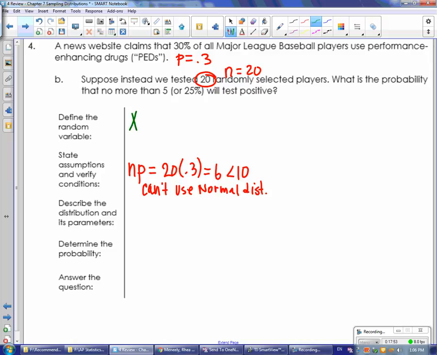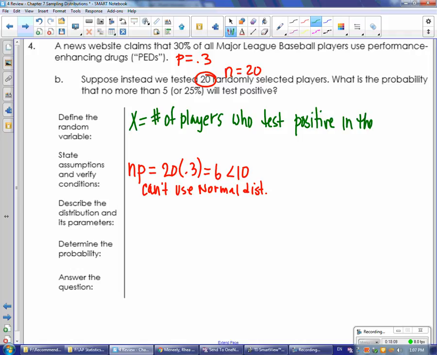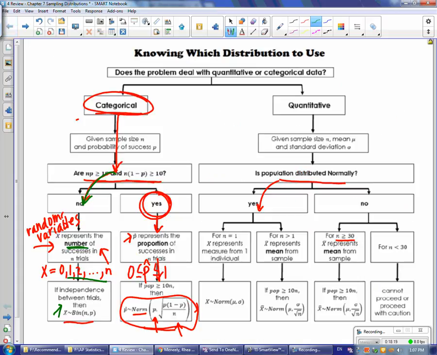So I'm going to say x represents the number of players who test positive in the sample. And then I would say that x is distributed binomially with n and p.